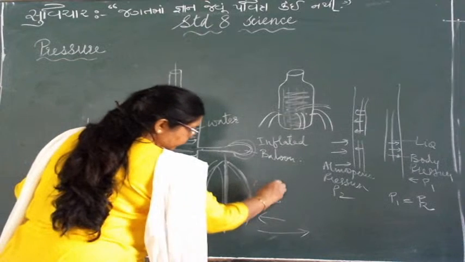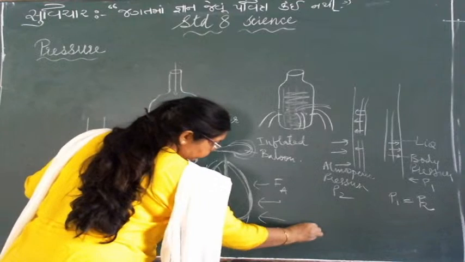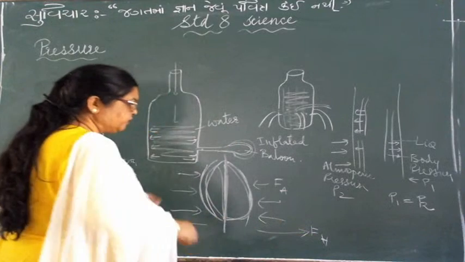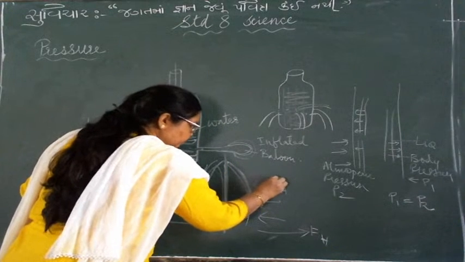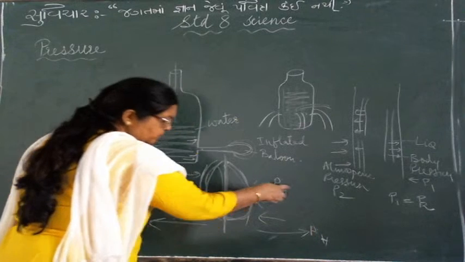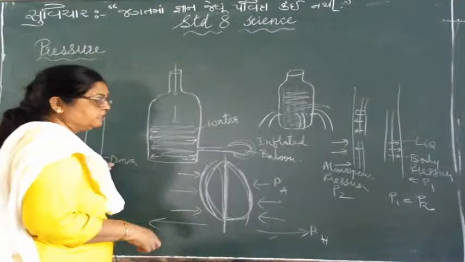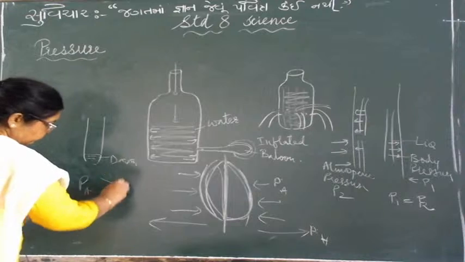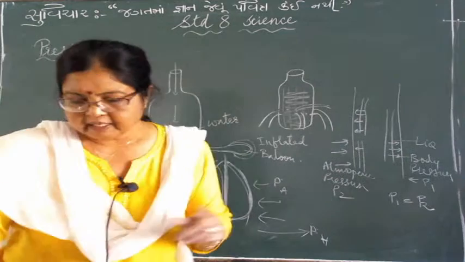PA is atmospheric pressure and PH is horse pressure. PA was so much greater than PH that the hemispheres could not be detached.